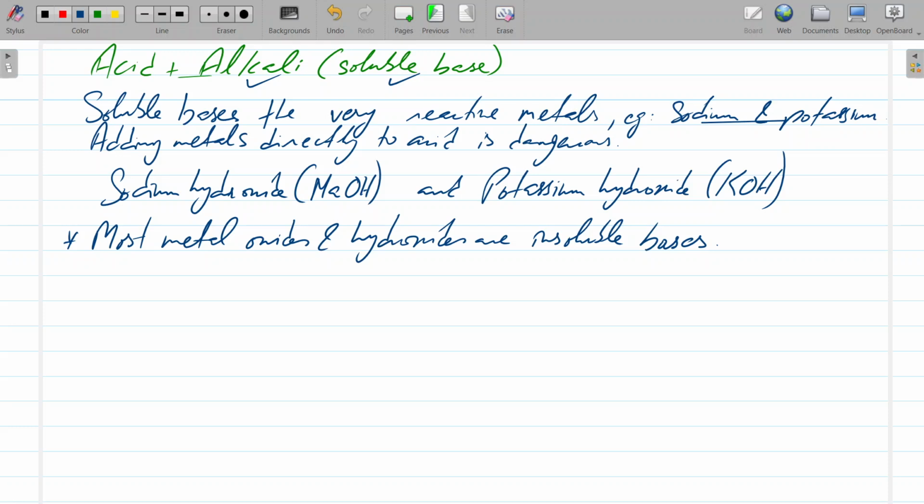So in the book, they've given you a table with examples of soluble bases and some insoluble bases. The examples of soluble bases are obviously sodium and potassium hydroxide. Examples of insoluble bases are iron oxide. So we know this one, it's rust. Iron(II) oxide.